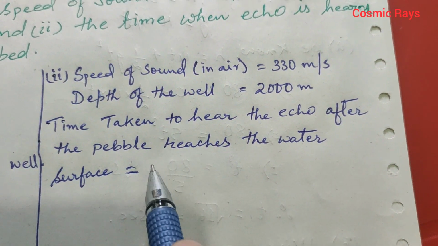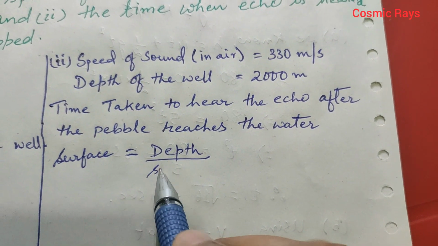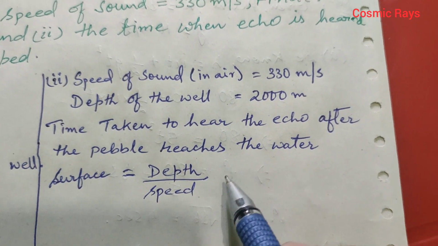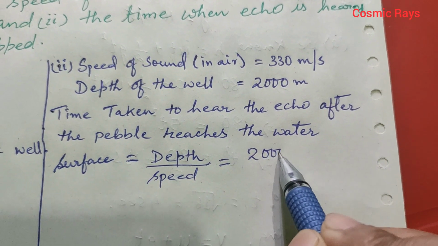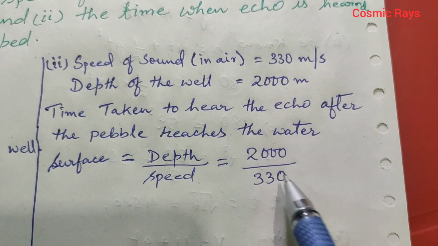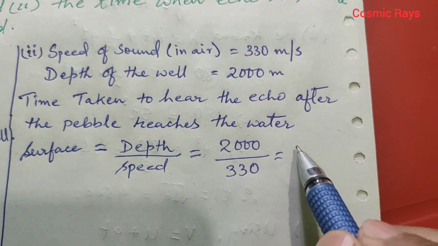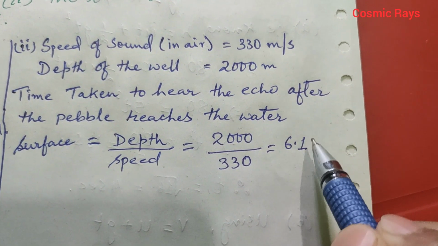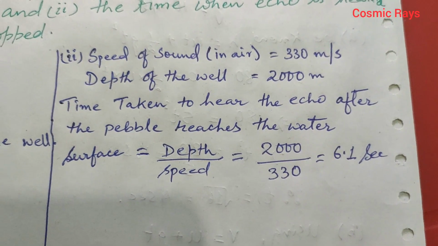So here the distance is the depth of the well and speed is the speed of the sound in air. So depth we have calculated to be equal to 2000 and speed of the sound is given to us as 330 meter per second. So after calculation, approximately you will get it as 6.1 seconds. This is the approx value.